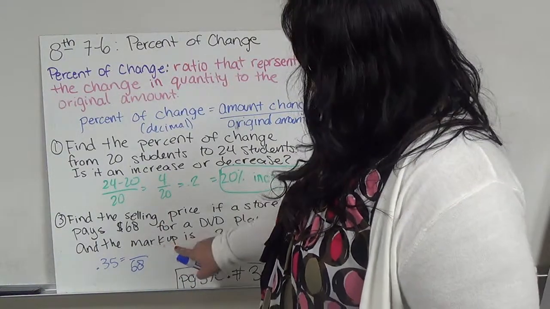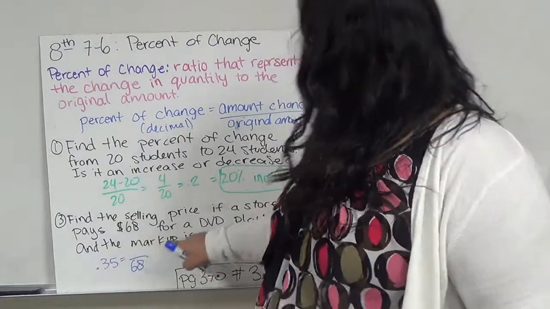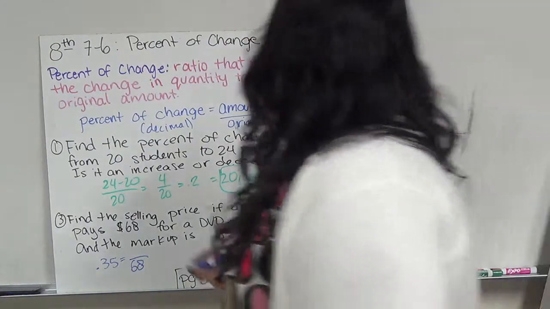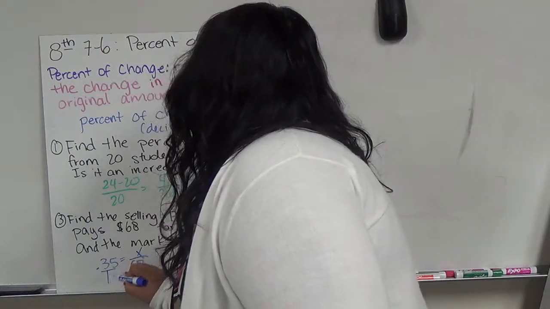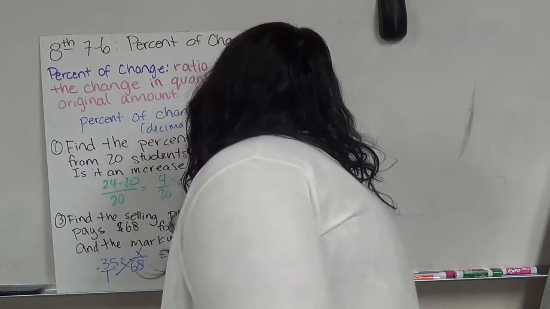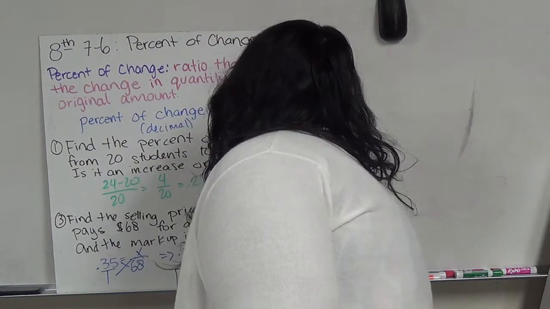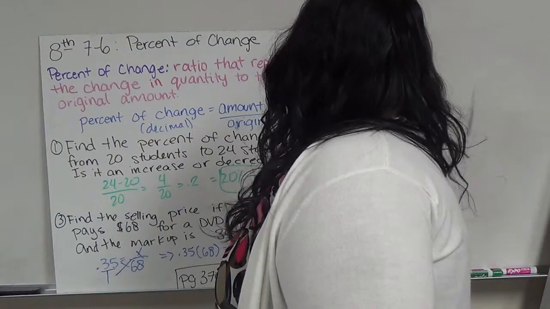If this was a markdown, then I would put this as a negative number. Because it's a markup, I'm going to keep it positive, and I'm going to have an x here, because that's my unknown. So I'm going to put this over 1, and I'm going to cross multiply. So I end up with 0.35 times 68 equals x.